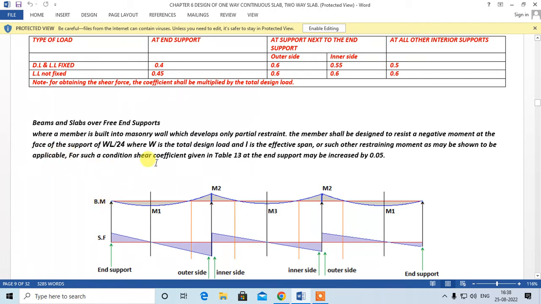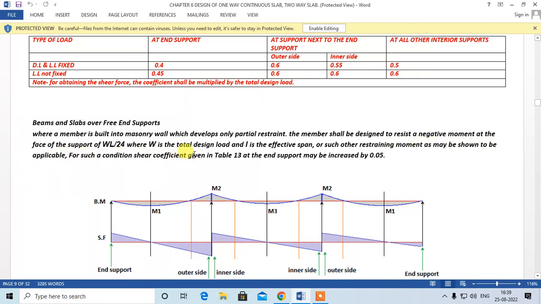So in that case, the code says that where a member is built into a masonry wall which develops only partial restraint, the member should be designed to resist negative moment at the face of the support equal to WL by 24, which we already did, where W is the total design load and L is the effective span, or such other restraining moment as may be shown to be applicable.